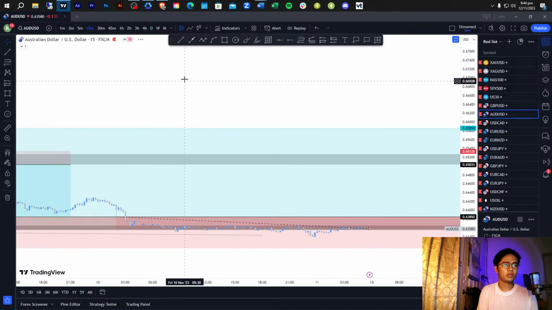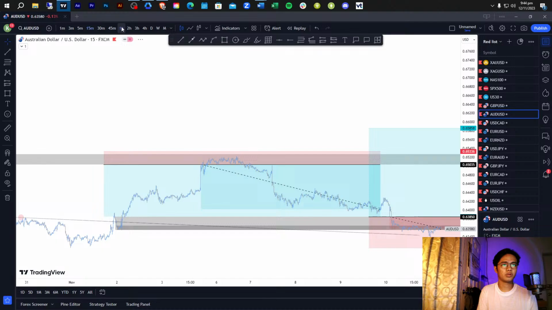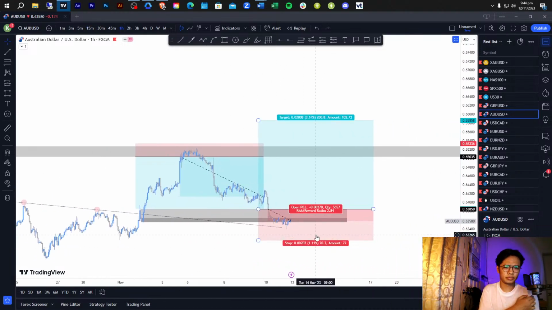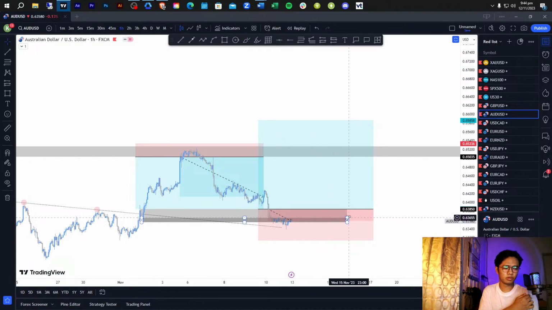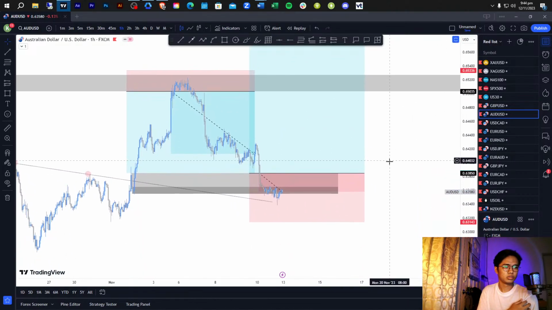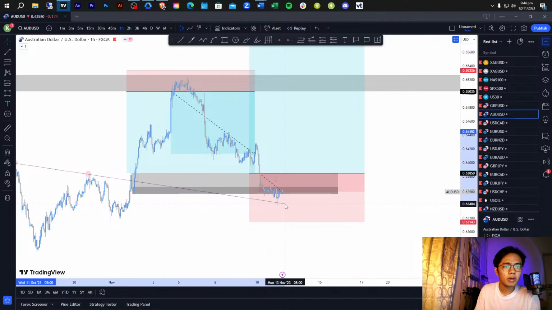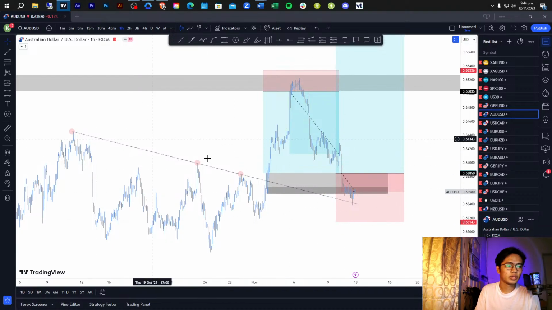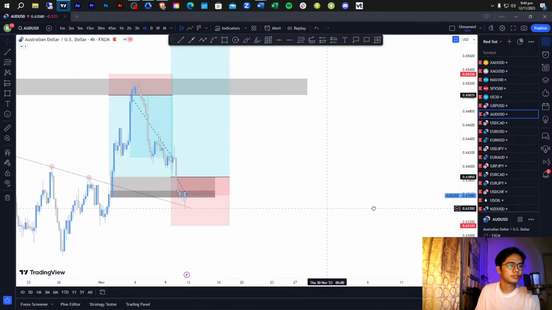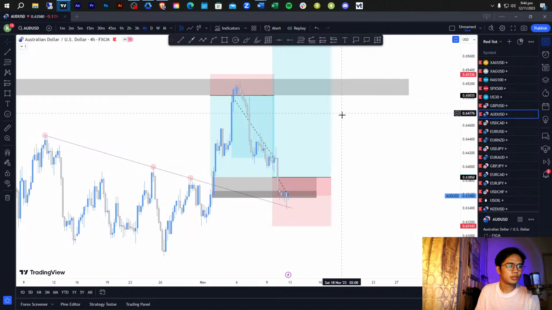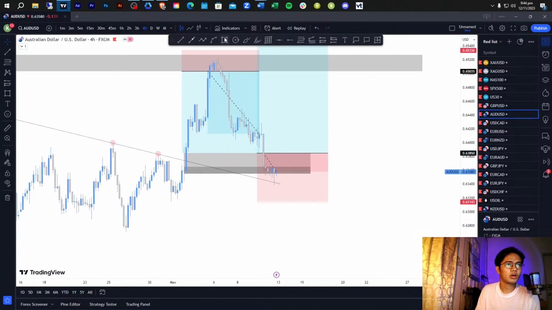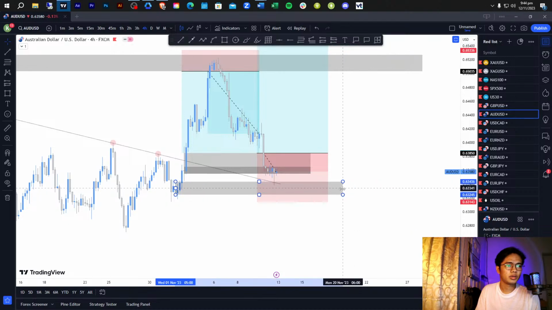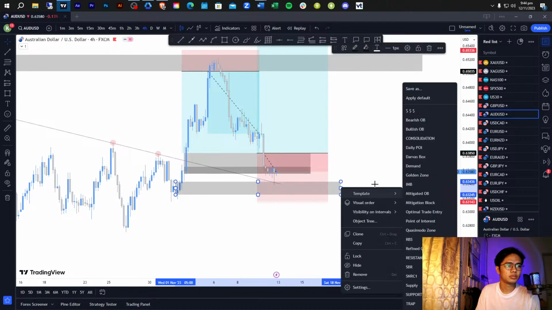If you look here, I think this is 8 hour. Yes, there's this order block that I saw, and the price just retested the broken trend line, and also a 4 hour point of interest or demand area just got mitigated.